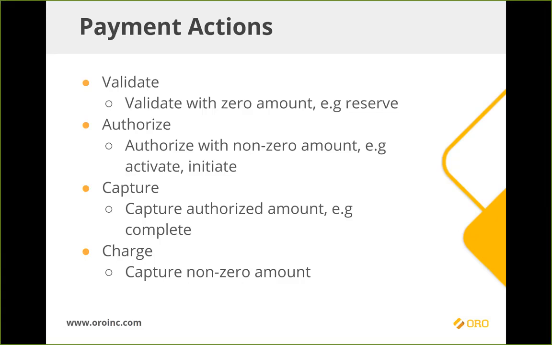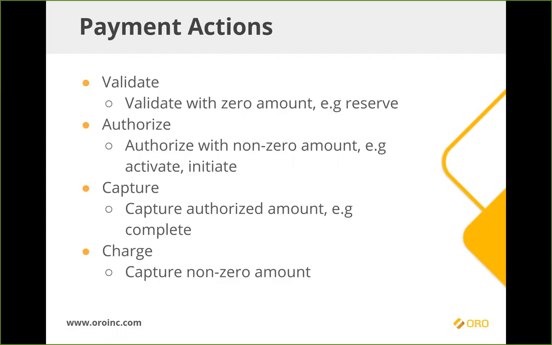Validation is an optional thing, and some payment methods may have it, like for example, Authorize.net, and some may not have it, like payment term, because we don't need to validate anything, we already have the payment term. And this is one of the things we are going to check, how we organized it in the checkout a little bit later. And we have authorization. So authorization usually checks that we in fact can charge, not only that we have access, but we can also charge.